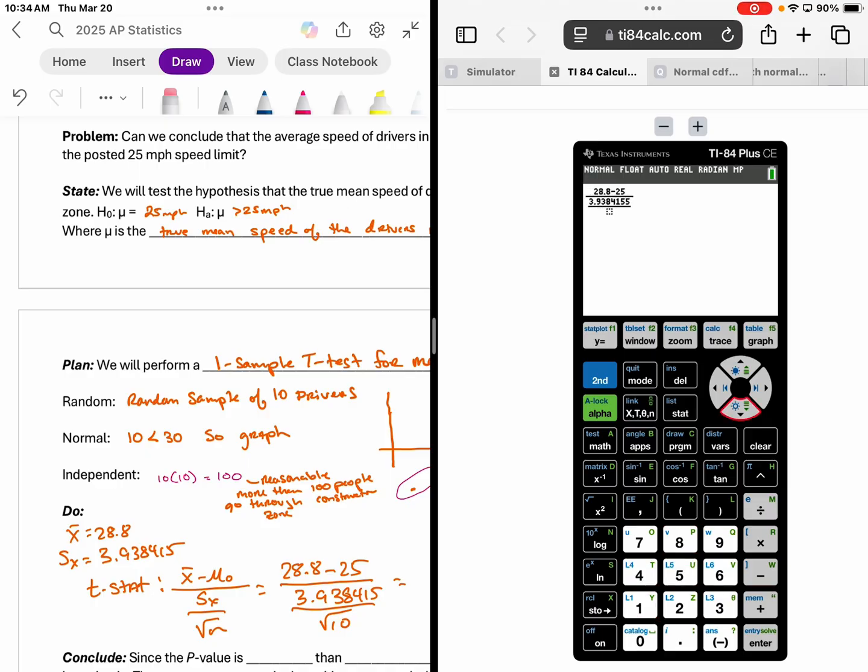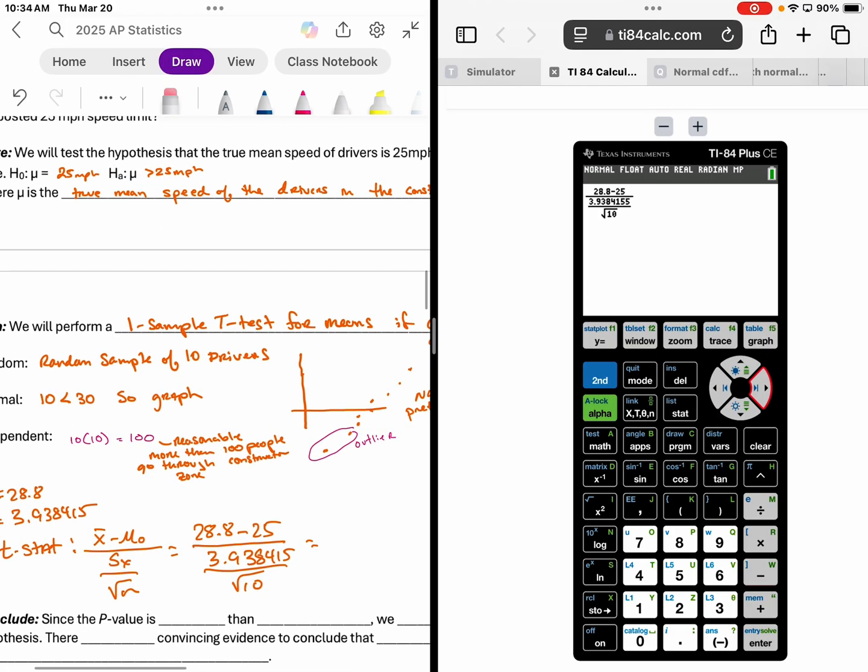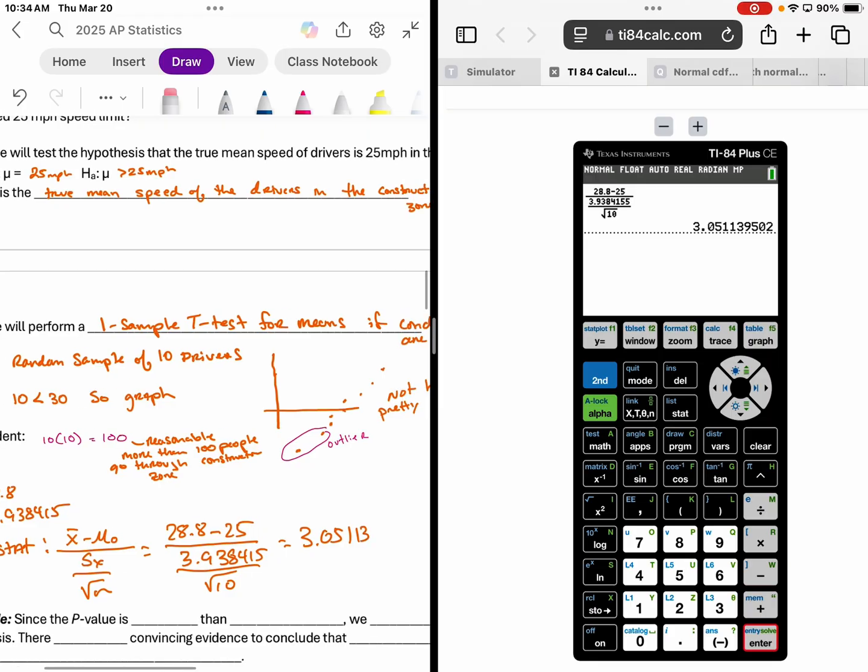On the bottom of that, I got to put the square root of 10. All right, that looks pretty darn good to do in one fell swoop, so I'm going to hit enter. And this gives me 3.0511. Or we can, that's technically fine enough. If you want to go out further, you can, 395.